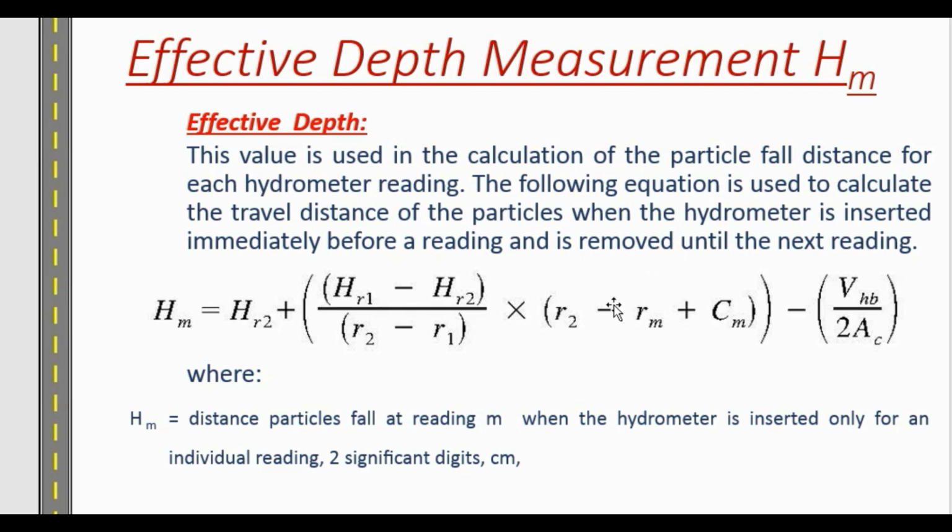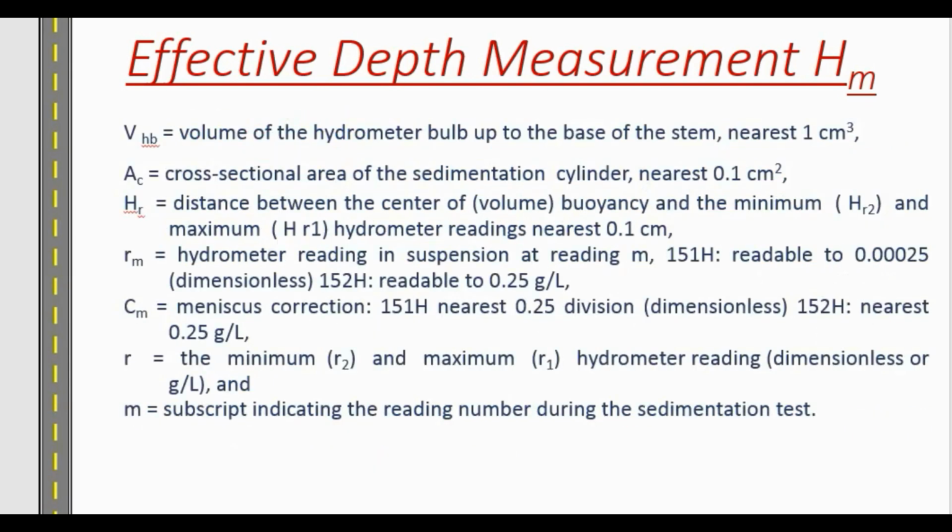RM is the reading of the hydrometer that we take during our test performance, CM is the meniscus correction reading, VHB is the volume of the hydrometer bulb that we discussed earlier, divided by 2 into AC, the cross sectional area of the measuring cylinder. This is the description of this equation.